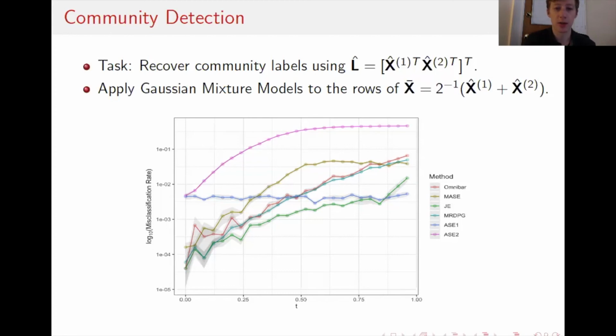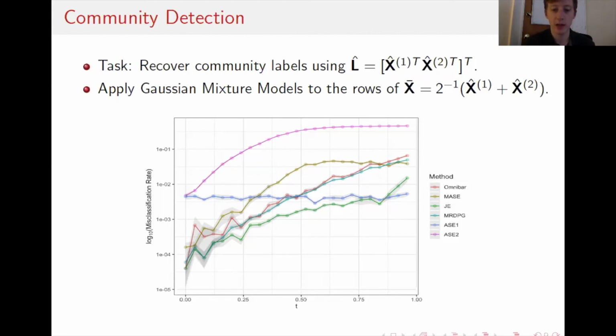The purple and blue are methods that correspond to individual embeddings, and this red line corresponds to Gaussian mixture models applied to X bar. The other three methods on the screen are other joint embedding techniques.